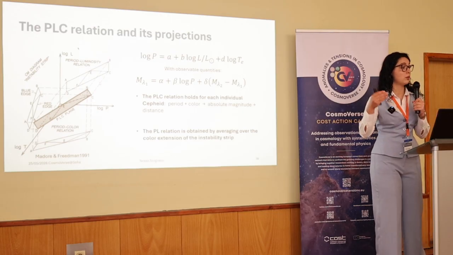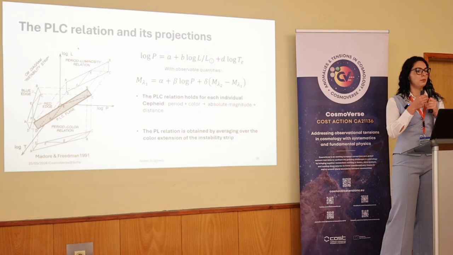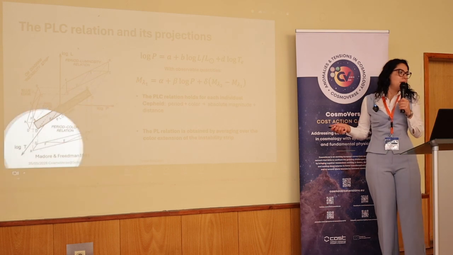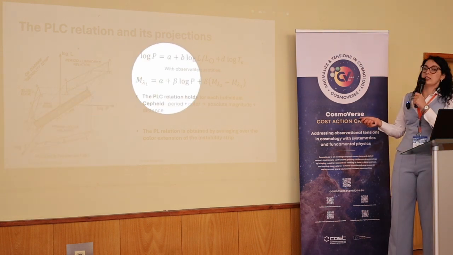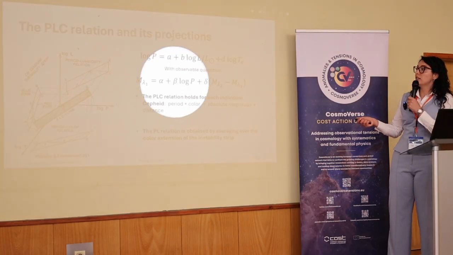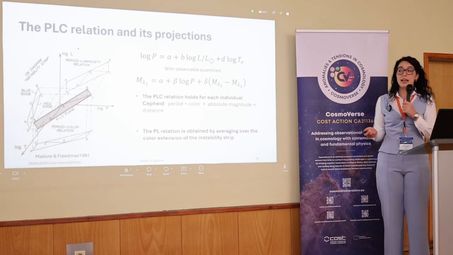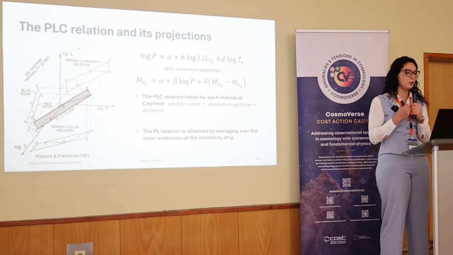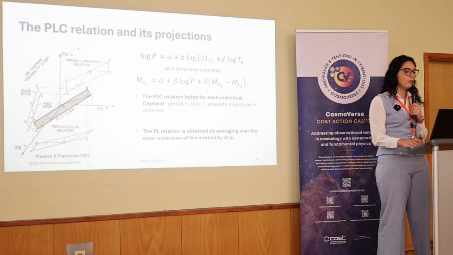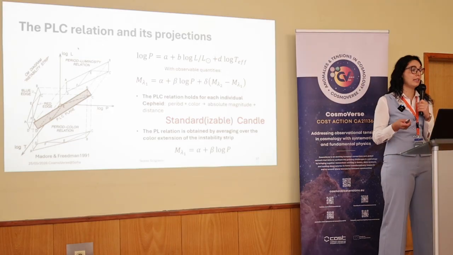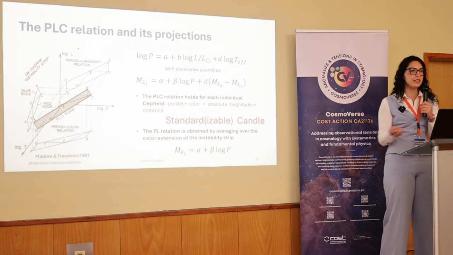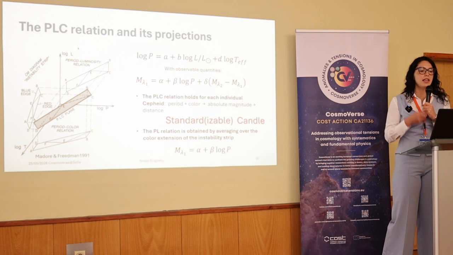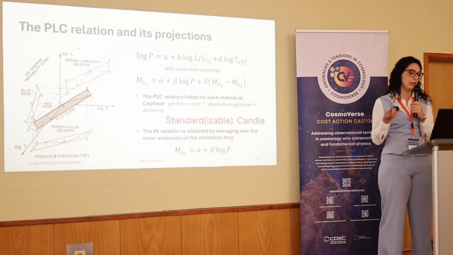At that point we can know the perfect alpha, the zero point that is at the core of our problem, because we want to know this zero point, that is the distance in magnitude modulus, and the slope of this relation. And the more we populate the strip, the more we can say, okay, I'm pretty confident with my results. And for this period luminosity relation, which is based on physics, since we know the physics behind the pulsation, we can see that Cepheids are standard candles.